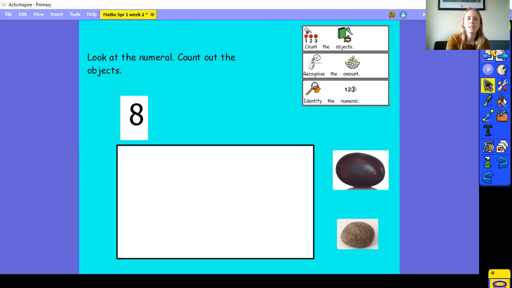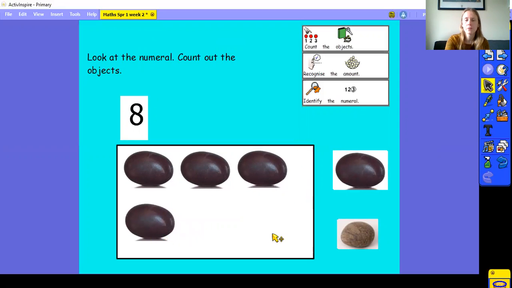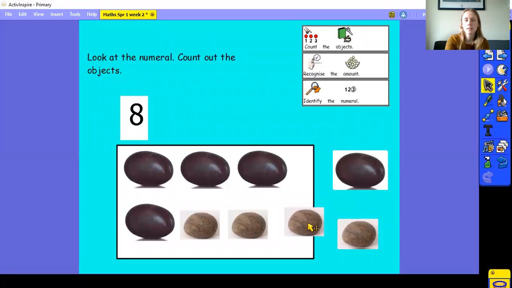So let's see if we can find 8 pebbles to count. 1, 2, 3, 4, 5, 6, 7, 8. I lined up my pebbles to make it easier to count.